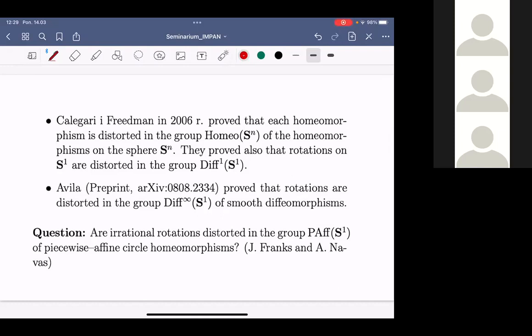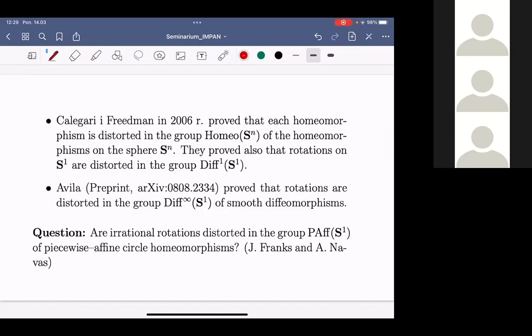If it is a periodic point, it is of course a distorted element. But it was asked whether irrational rotations are distorted in the group of piecewise-affine circle homeomorphisms.